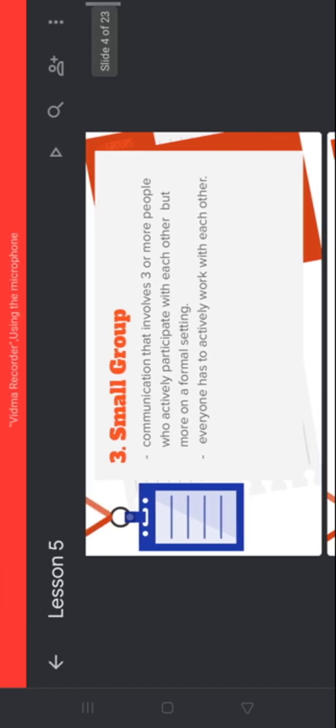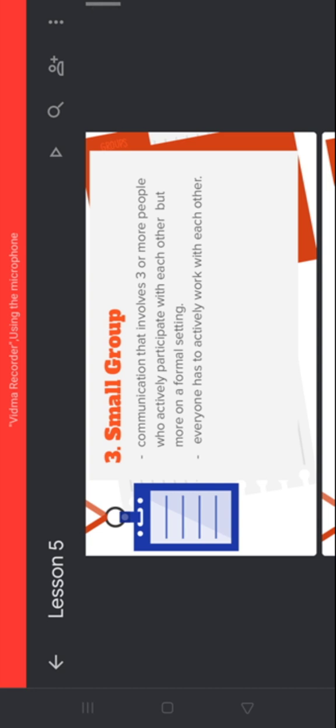Examples of small group discussion are meetings, faculty meetings, your club meetings, your collaboration with other groups. It will be 3 to 10 people, or 12 or 15 people, as long as it is not a seminar or so forth.